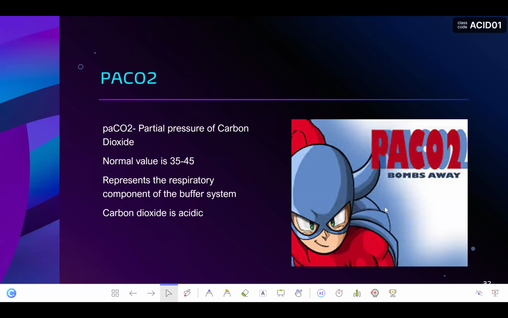PaCO2. Pa stands for partial pressure, and this is the partial pressure of carbon dioxide. The normal value is 35 to 45, and what this represents is the respiratory component of the buffer system. The buffer system is the way that your body compensates for changes in pH.